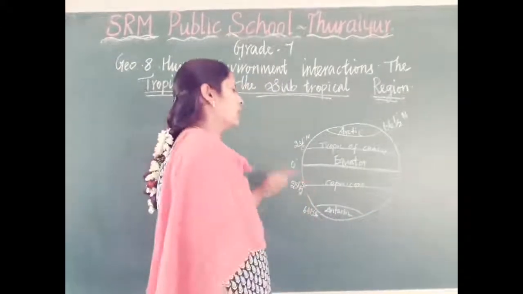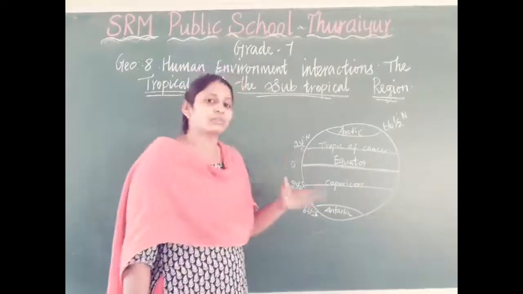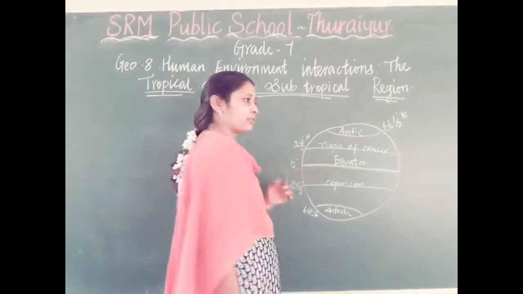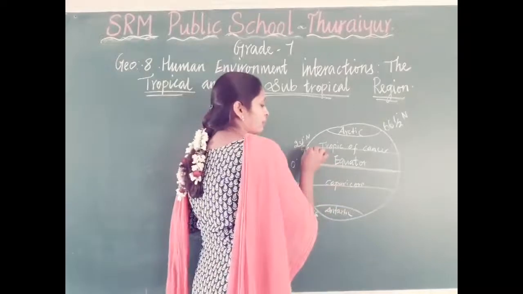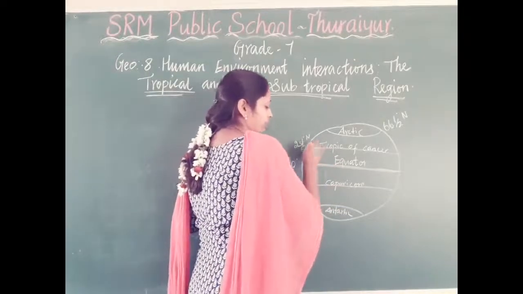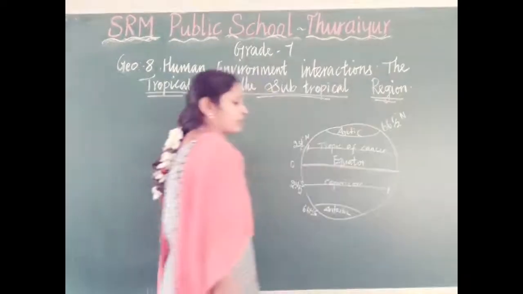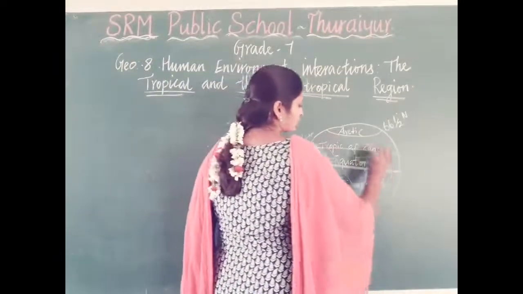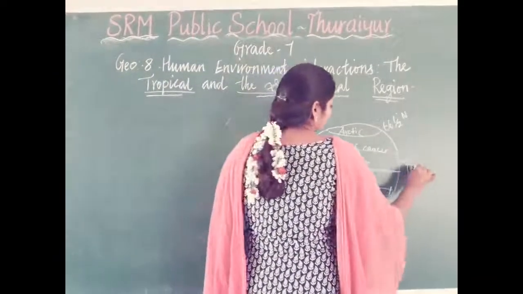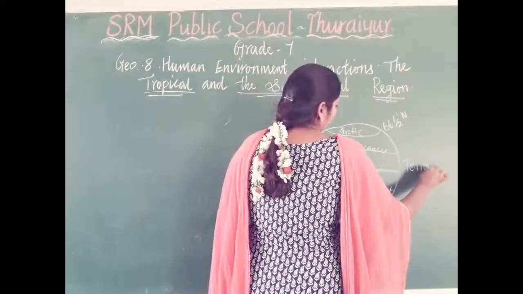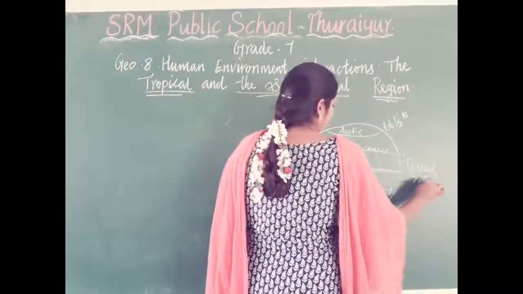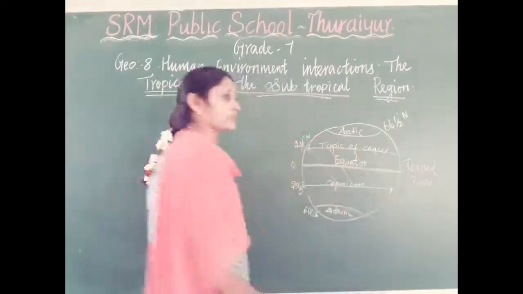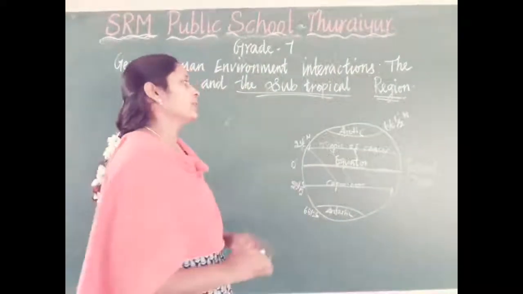This is the heat zone of Earth, which we discussed last time. The area between the Tropic of Cancer and the Tropic of Capricorn is called the Torrid Zone, a very hot zone.